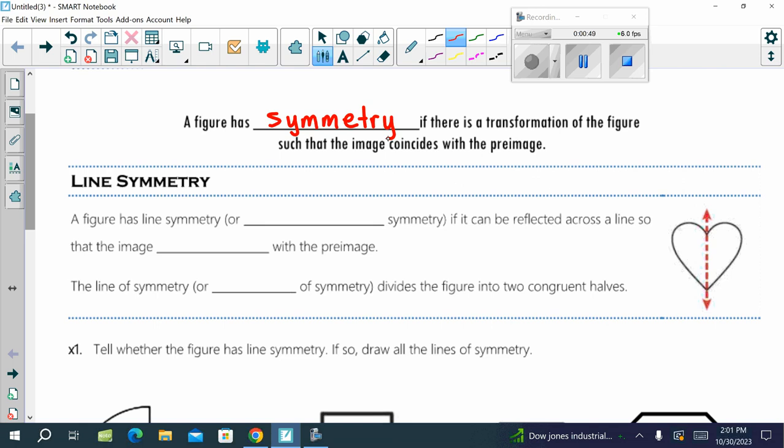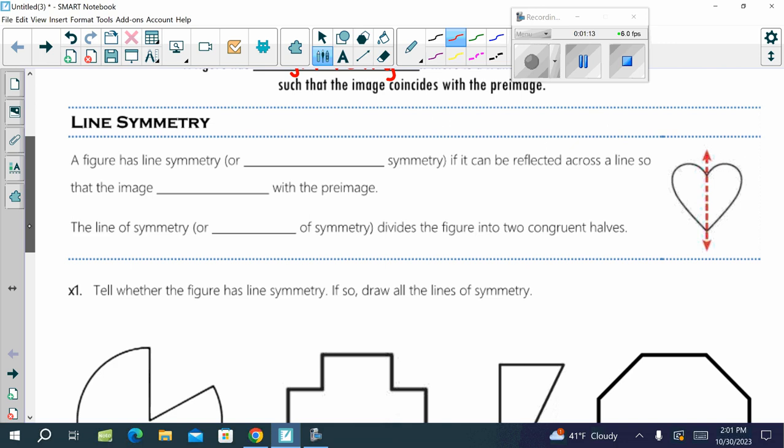Rotations, translations, all that stuff? And what was it called whenever a figure was mapped onto itself identically? What was that word we used? Whenever they were the exact same, they were congruent figures. Starts with an I. Isometry. There you go. So we're going to be looking at a lot of isometries today.